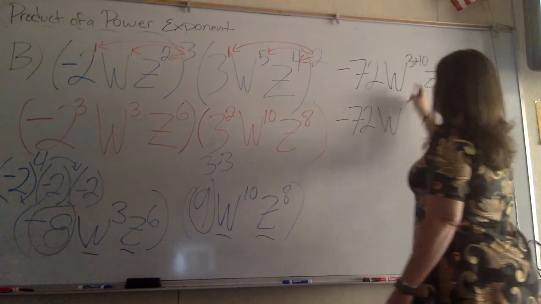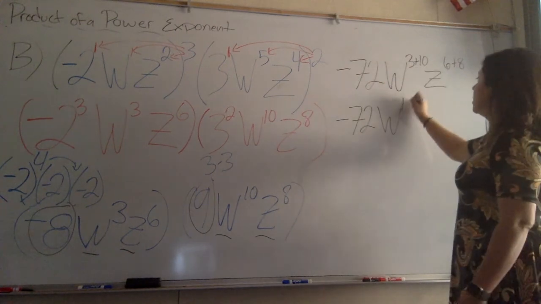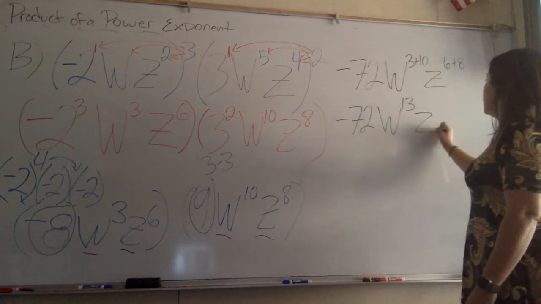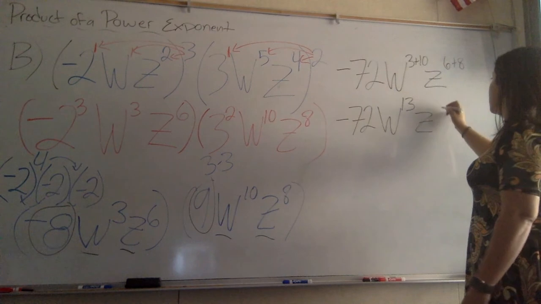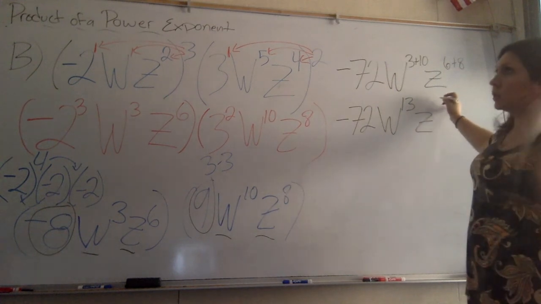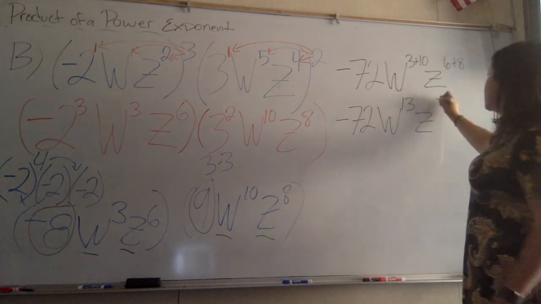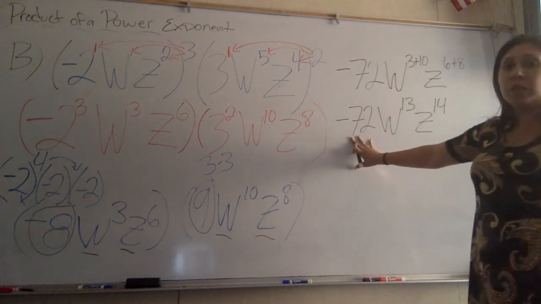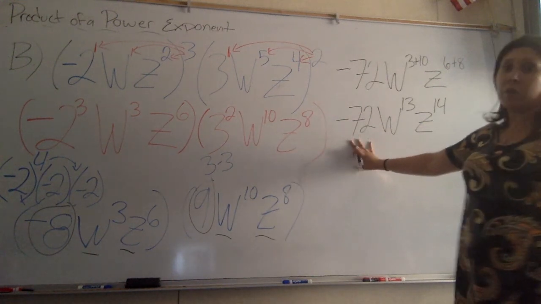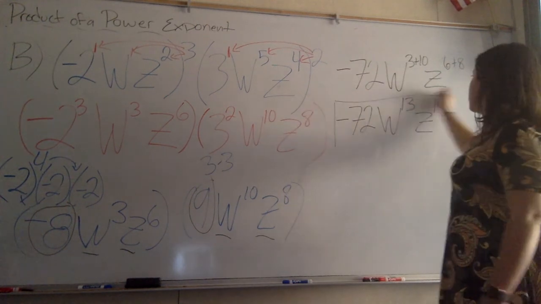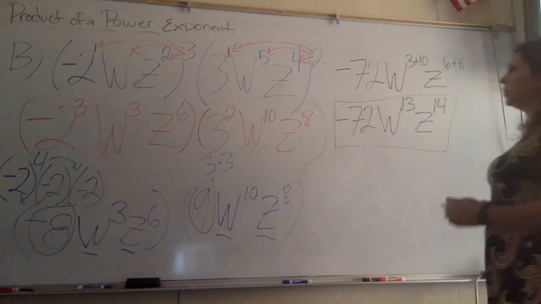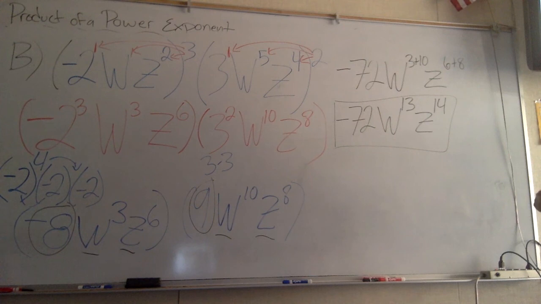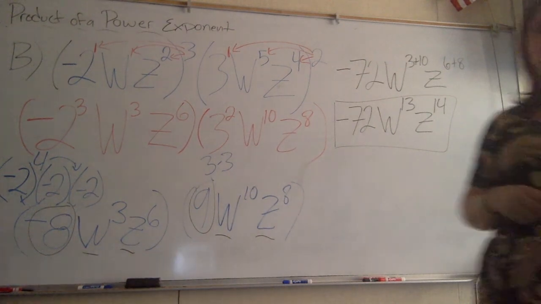I have W. 3 plus 10 gives me a 13. And I have a Z. 6 plus 8 gives me, anybody? 14. Do I have any negatives? I have one here, but that's on the base, so I don't care about it. So then this is my final answer. And I'll do the last two in a bit.